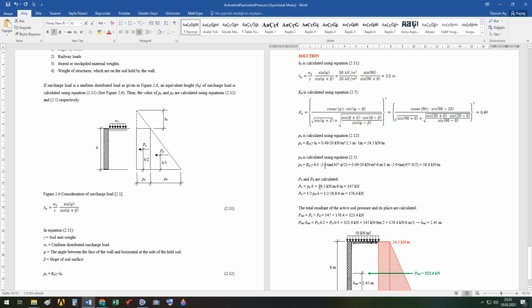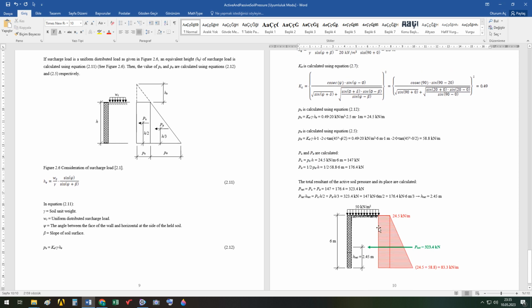And then the resultant force values are calculated, as you see here, from the area of rectangular and triangular. The total resultant force is the summation of these two values. And by taking moment about bottom line, Pu times H over 2 plus Pa times H over 3, we calculate the position of the final resultant force.